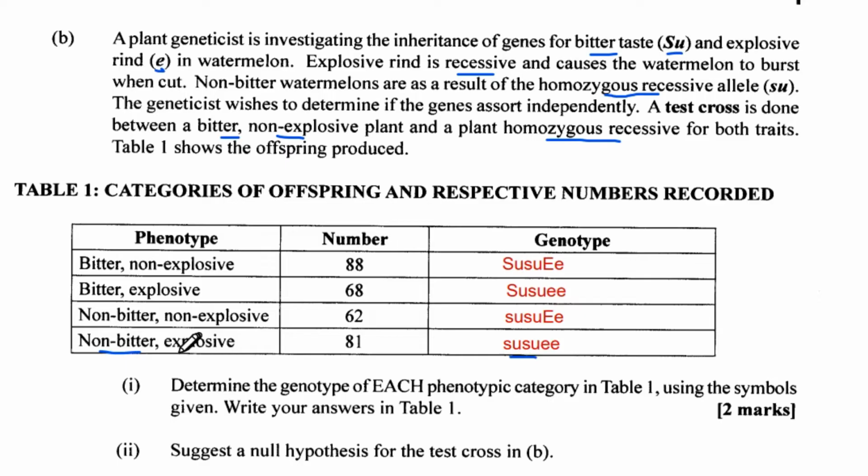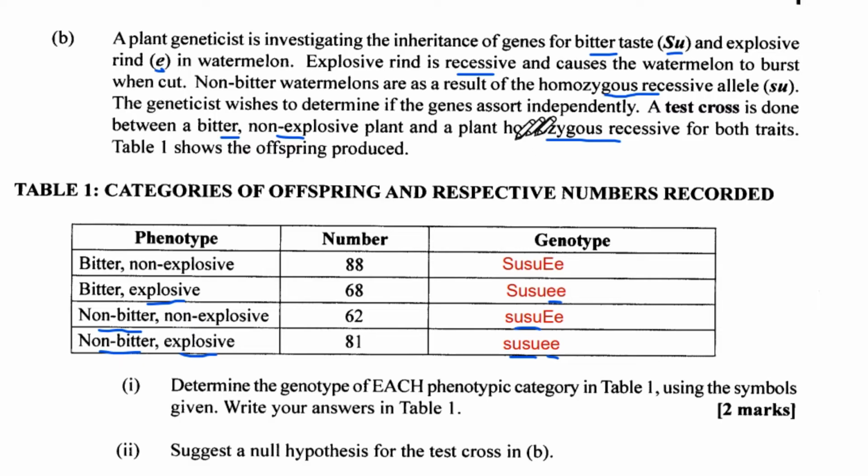And for something to be explosive, they say homozygous recessive, this would have to have 2 lowercase e's. So anything that is explosive is going to have 2 lowercase e's, and anything that is non-bitter is going to have 2 lowercase su. Now, for something to be bitter, it has to have at least 1 dominant allele. So in this case, this has to have at least 1 capital Su.